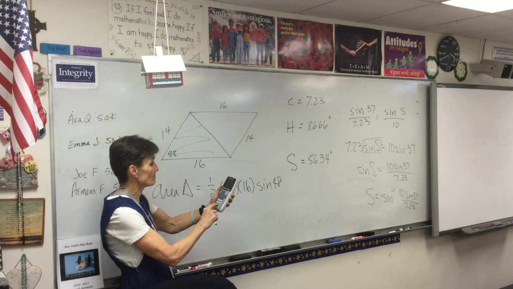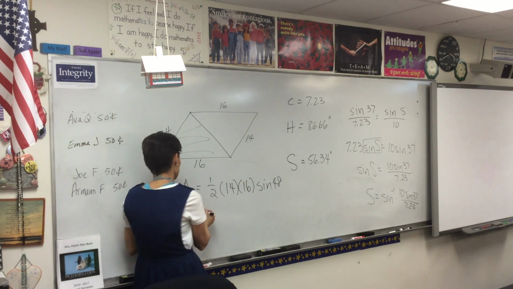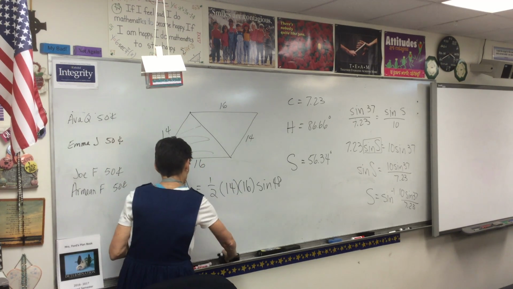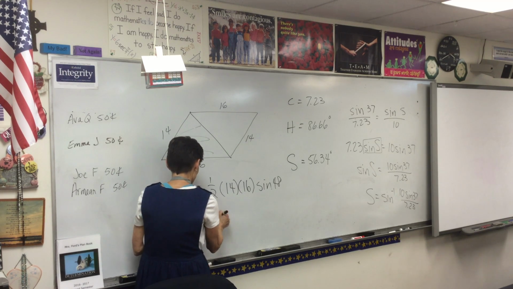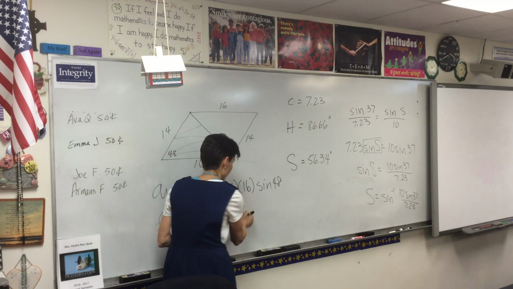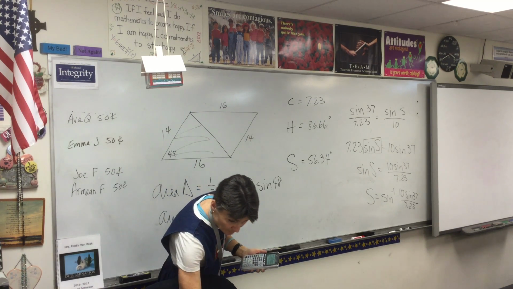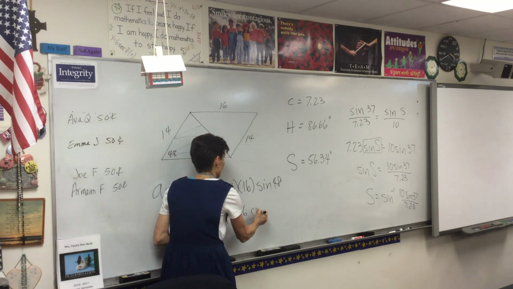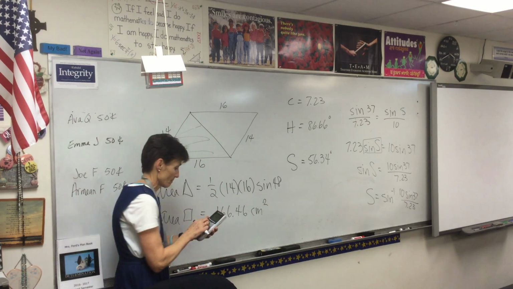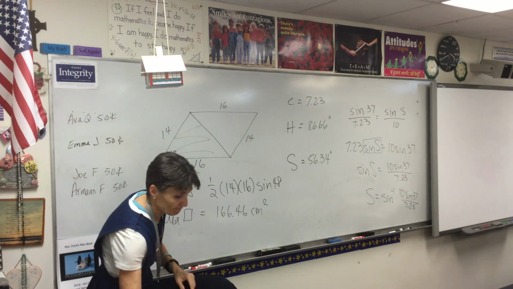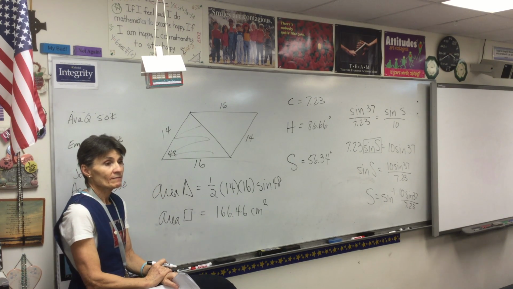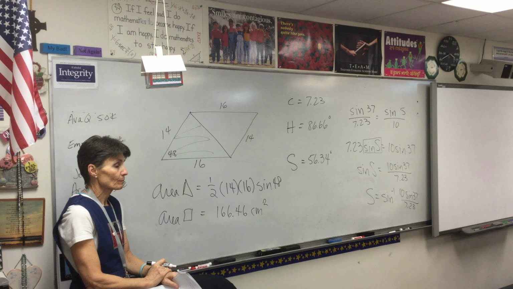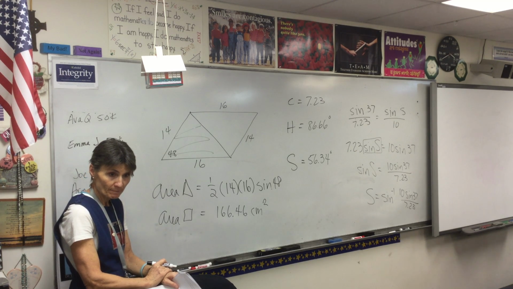I'm just hitting times 2. So the area of the parallelogram is 166.46 square centimeters. 1/2 side, side, sine. You okay with that?